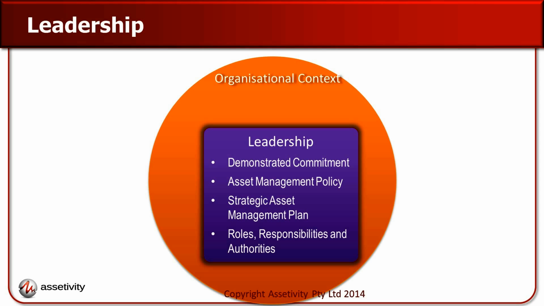But then I guess there's a couple of other key documents that belong under this element. One is an asset management policy, not necessarily a huge document, probably more in line with the sorts of things that organisations often have with regards to safety policies or quality policies and so forth. But again, it needs to be signed up to and endorsed and authorised by senior management and the leadership of the organisation.